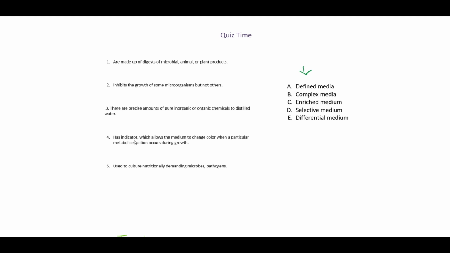Four, has an indicator which allows the medium to change colors when a particular metabolic reaction occurs during growth. Five, used to culture nutritionally demanding microbes such as pathogens. You'll choose whether it's A, B, C, D, or E, and then you can place your answers in the comment section for this quiz.